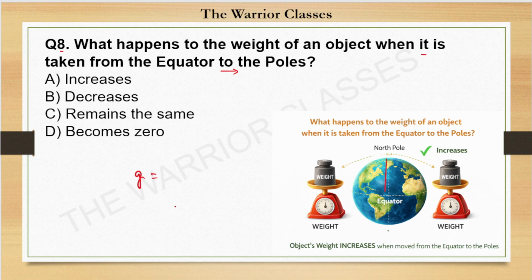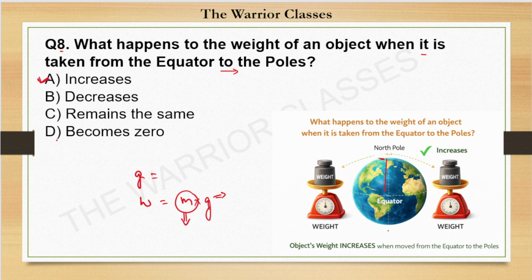We know the weight of an item is m multiplied by g. M is mass, it is constant, but the gravity is different at equator and poles. Now the value of g, gravity, is high in polar area, so the value of weight will be increased. Option number A is correct for the question.